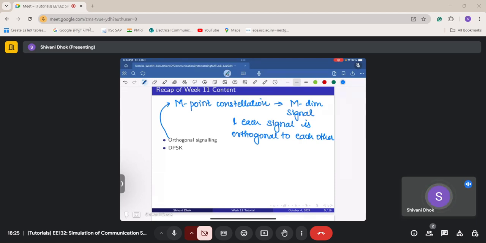Another approach that we looked at was DPSK, where DPSK stands for differential phase shift keying.